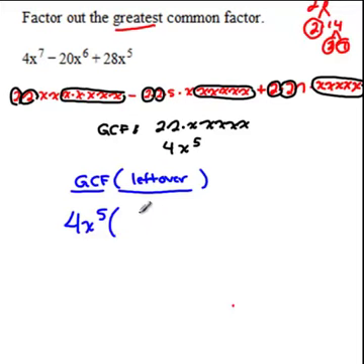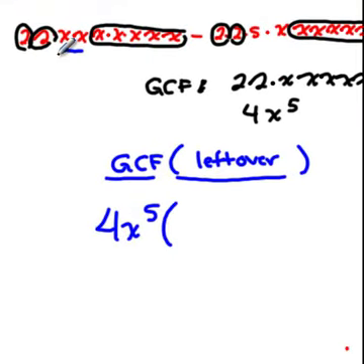Open parentheses, and then we need to figure out what's left over. If I were to divide 4x to the 5th out from this term here, you have to figure out what's left over. Some of you may be able to just see that there's an x squared left over. The nice thing about this tool here in red is that you can see what's left over because it's what you haven't circled. And so what's left over is x squared.